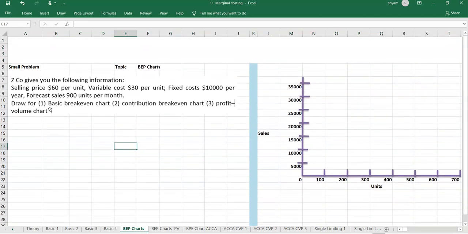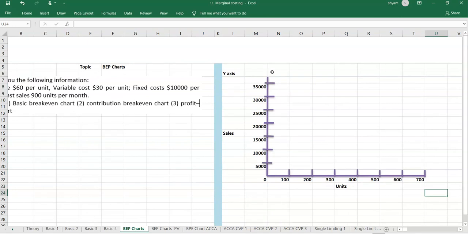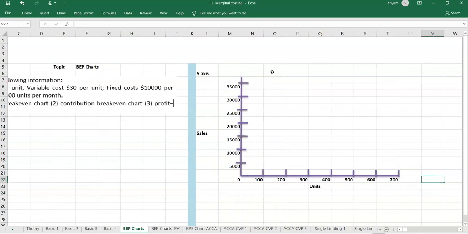So here is the BEP chart. We have to create a BEP chart based upon the given data, and this is the chart here. On the y-axis you have the sales, and on the x-axis you have the units sold.